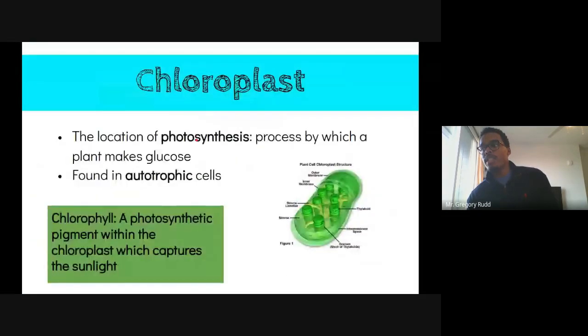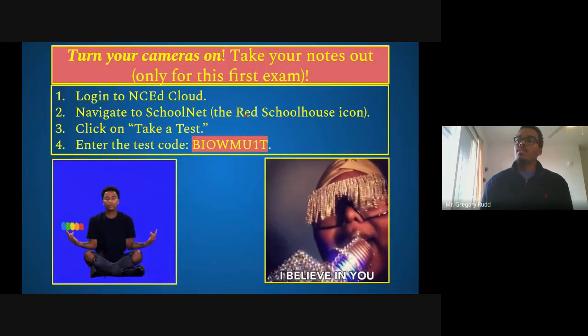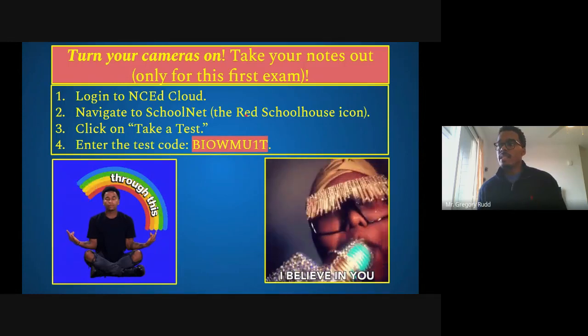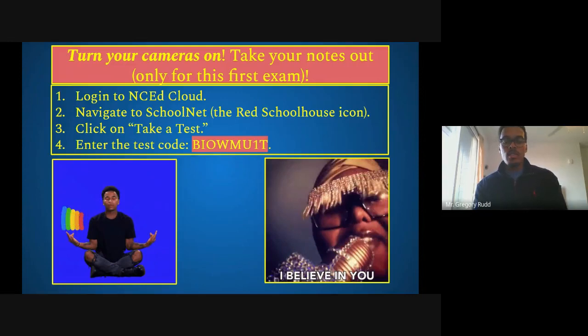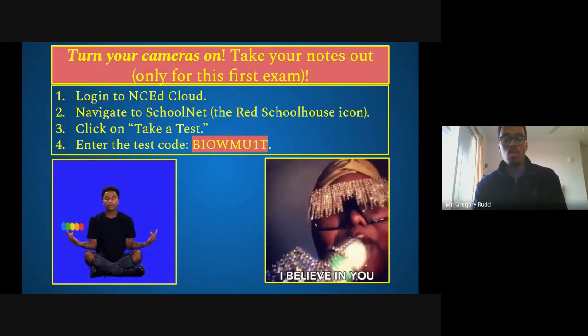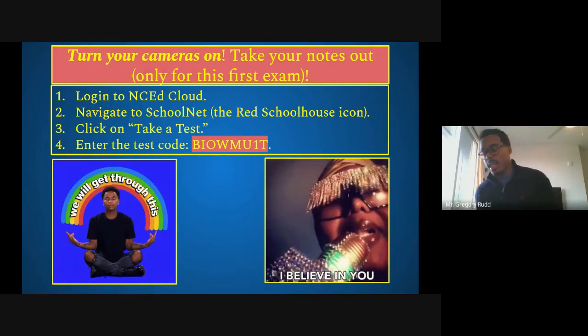So you'll go in through NC Cloud and you'll navigate to SchoolNet. Once you get into SchoolNet, there should be an option that says take a test. And the test code is on your screen, but I will also send it to the chat so you can copy it. It is BIOWMU1T, as in Biology West Met Unit 1 test.